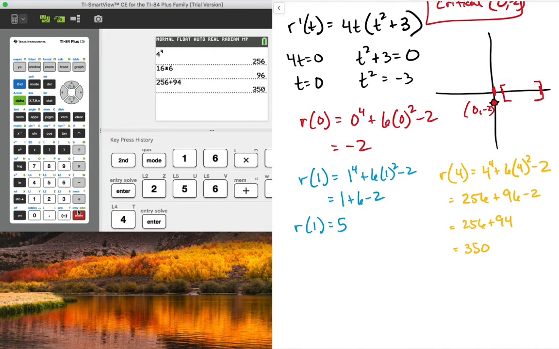So I found my value. So at 1, it's going to be 5, and then at 4, it's going to be 350. So it's way off the charts.